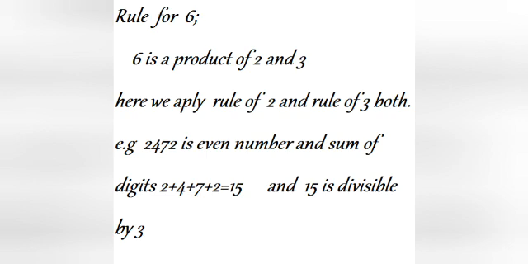For example, 2472 is an even number and the sum of its digits, 2 plus 4 plus 7 plus 2, is equal to 15, and 15 is exactly divisible by 3. So the rule for 6: the number should be divisible by 2 and divisible by 3.